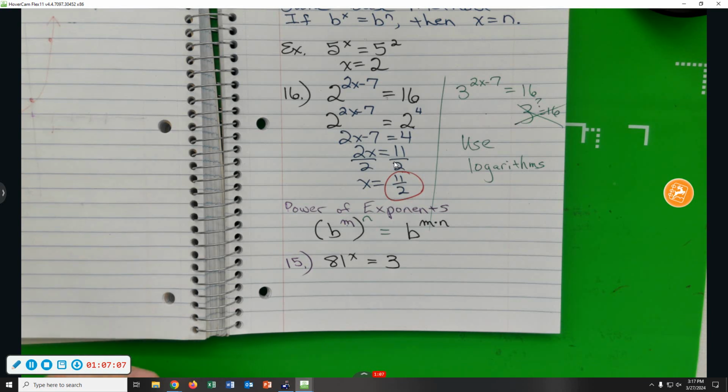What are my two bases? 81 and 3. You say, well, I don't see an exponent on that 3. I'll let you know there's one, 3 to the first.